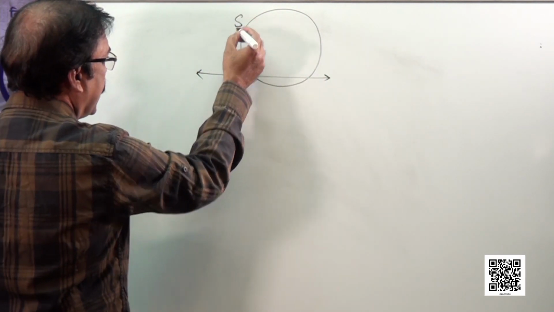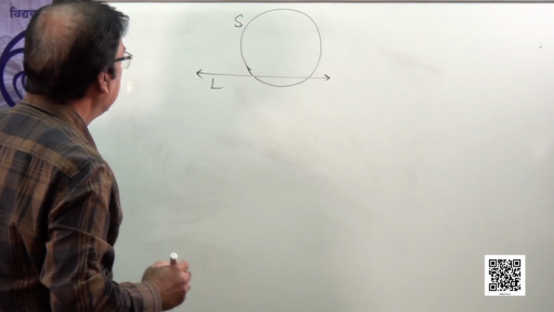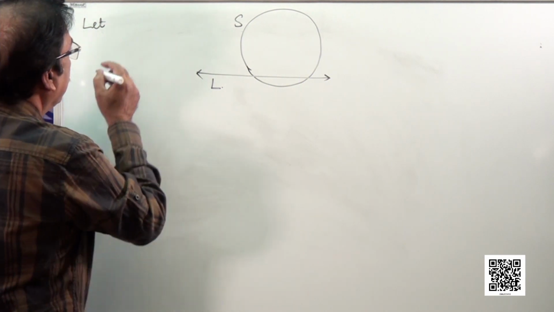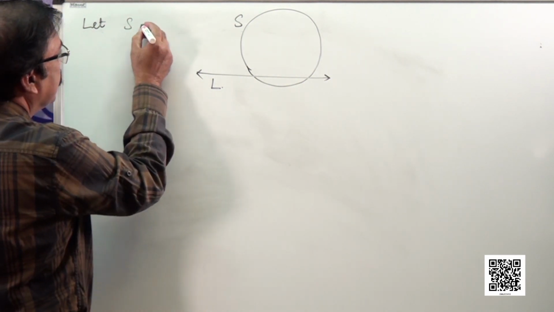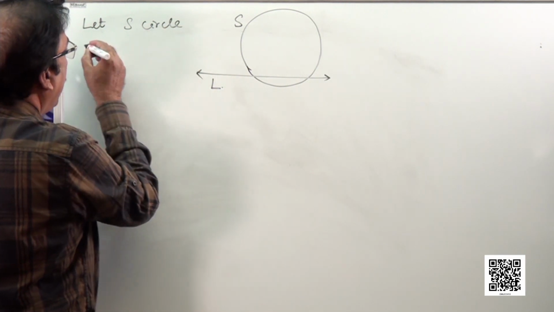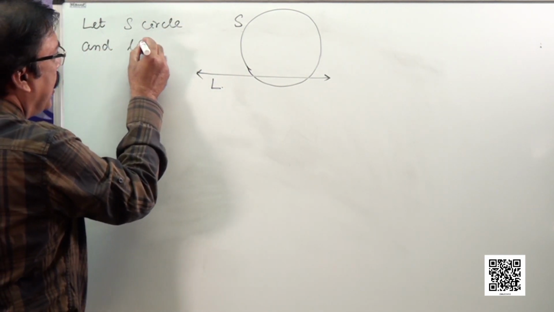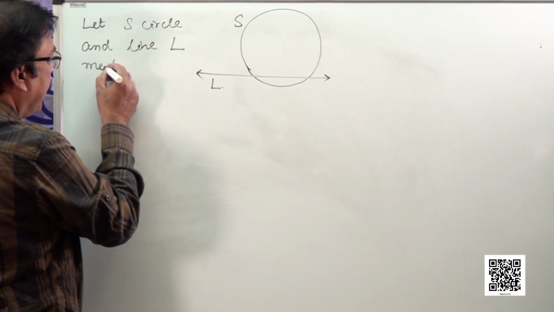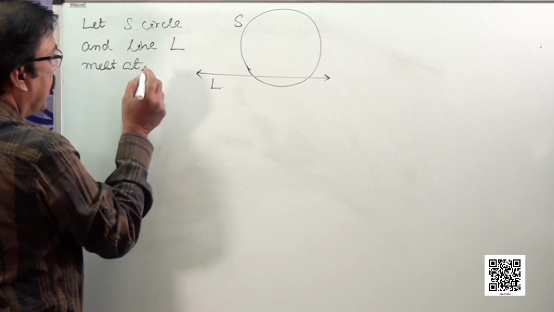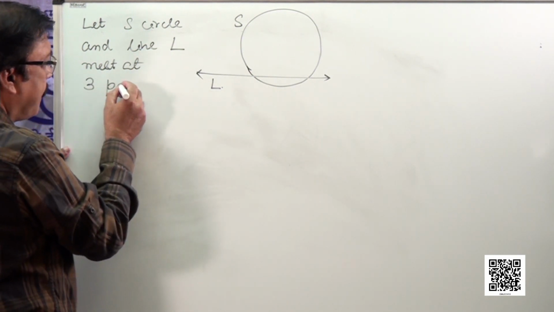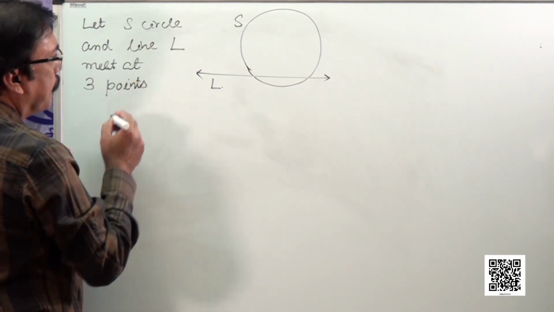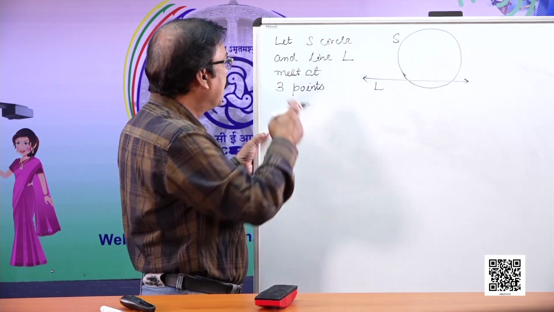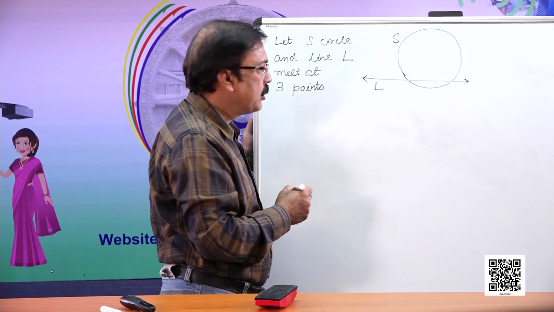The circle is S and the line is L. Here, let circle S and line L meet at 3 points. More than 2 means smallest is 3. So let them meet at 3 points.